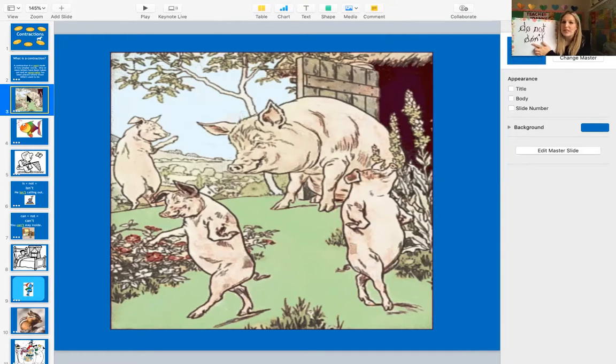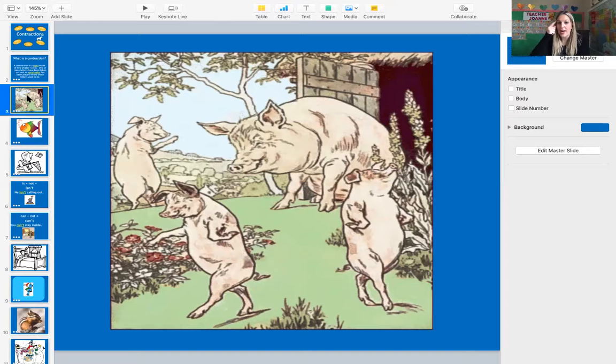They don't look sad. Can you look at this picture and see if you can come up with a sentence using the contraction don't? What don't these pigs do? What don't these pigs see? What don't these pigs look like? What don't they see? What don't they hear?